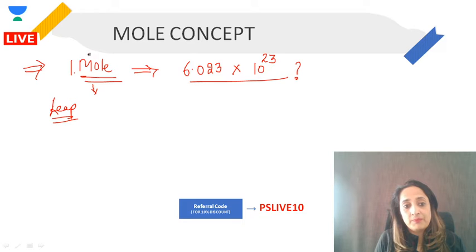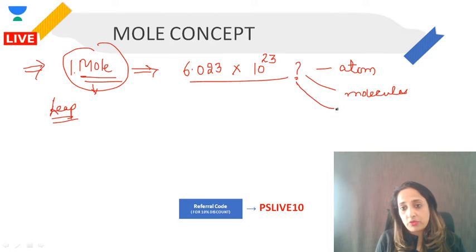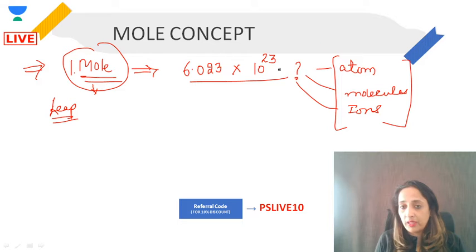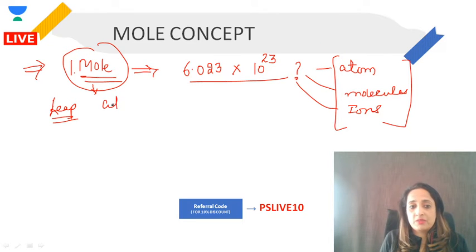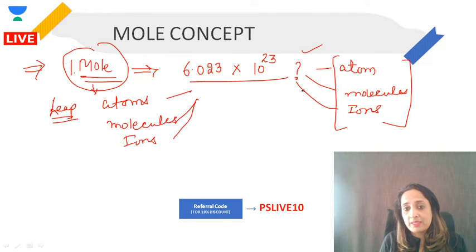Similarly, 1 mole of atoms is 6.023 × 10^23 atoms, or 1 mole of molecules is 6.023 × 10^23 molecules, or ions, or whatever you want to have. So mole is actually this number.